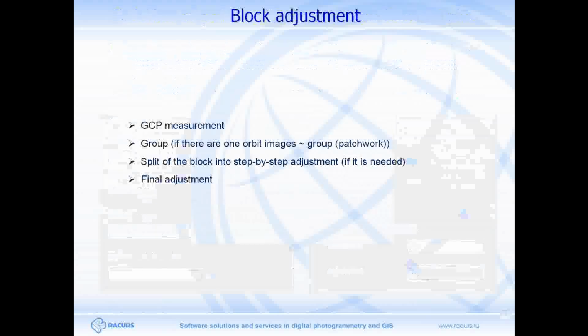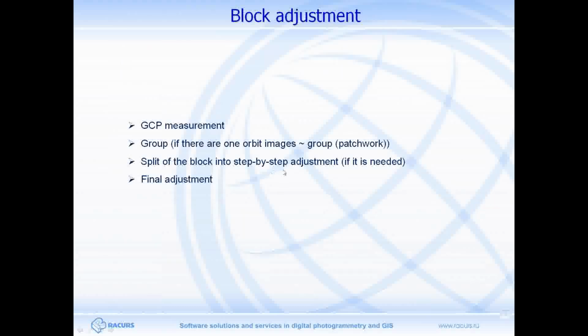Final block adjustment. Let's see, everything is okay with our tie points, and now we have to make ground control point measurement. We can make groups if we need them. We can also make the block adjustment step by step. It is a kind of new option in PHOTOMOD. We will not talk about it in details. We'll make the final adjustment.